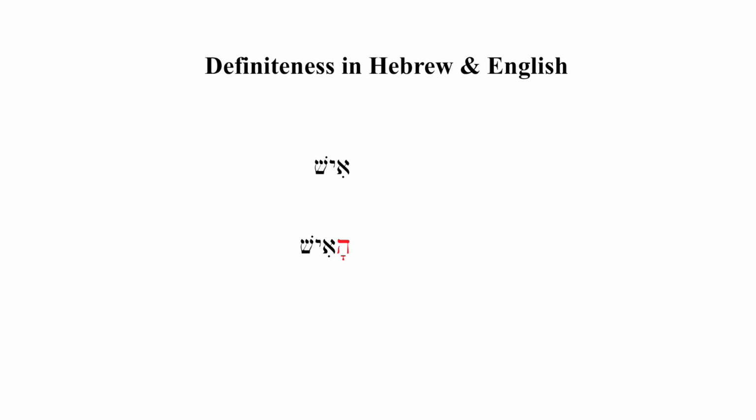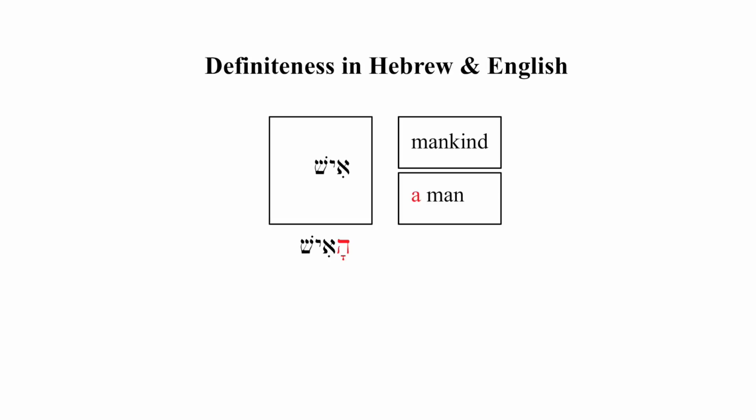These two become a nice representation for the spectrum that you can experience in English translation. The first one actually covers two categories. In Hebrew, when I say ish, I could mean mankind as a generic entity. Or, since Hebrew has no indefinite article, I could in English express this as an unspecified man.